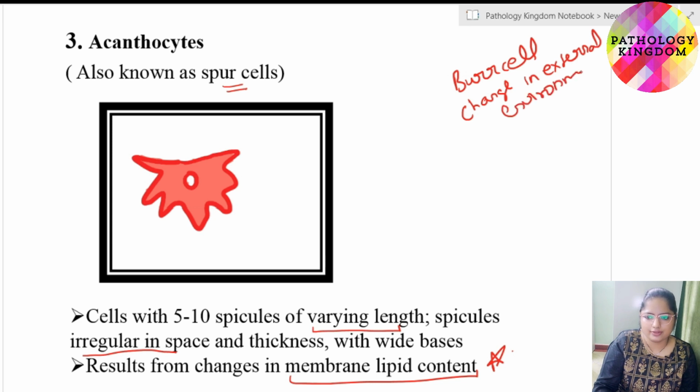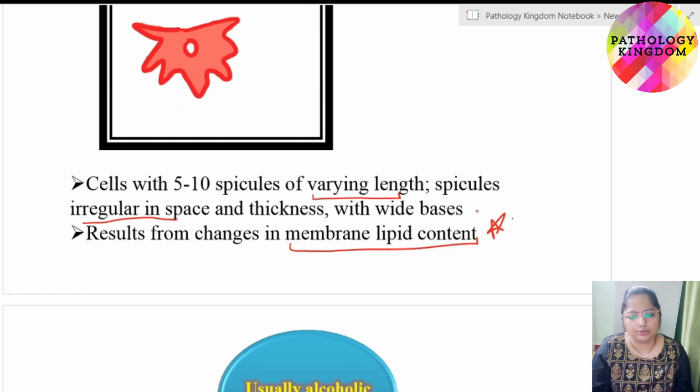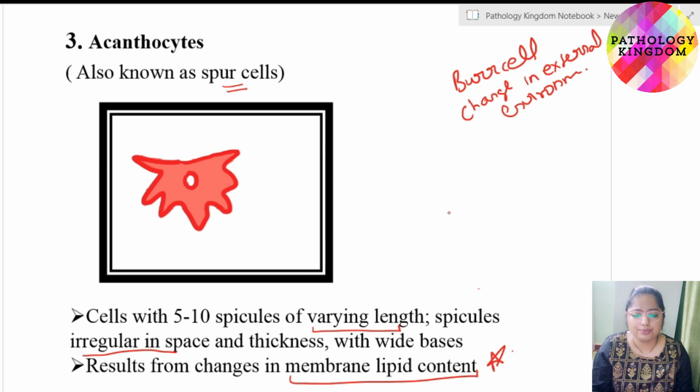Burr cells have spicules which are evenly and uniformly distributed, small in size, whereas acanthocytes have large 5 to 10 spicules, irregular in space and thickness with wide bases. The reason is they result from change in membrane lipid content.